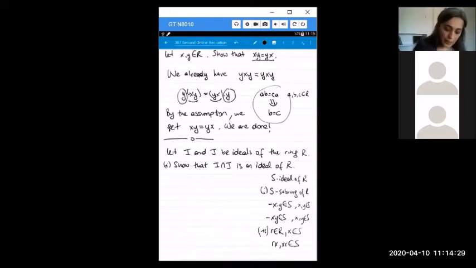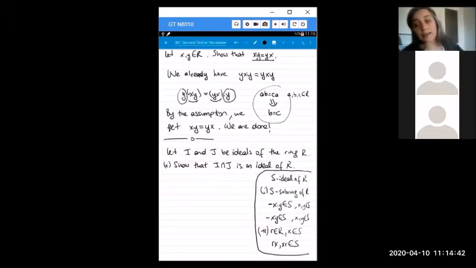First, we need a subring, and then we need these elements in S. So for I intersection J, we are going to use the fact that I and J are ideals of R.